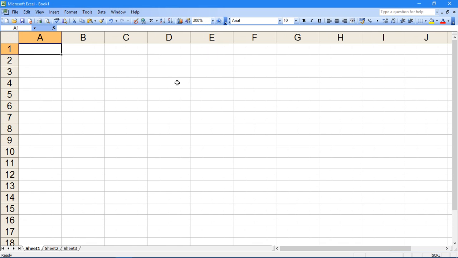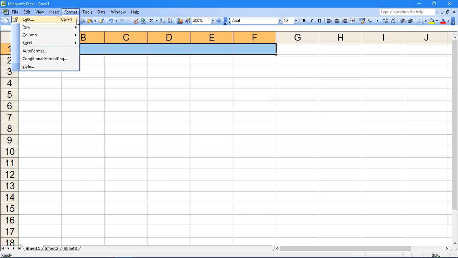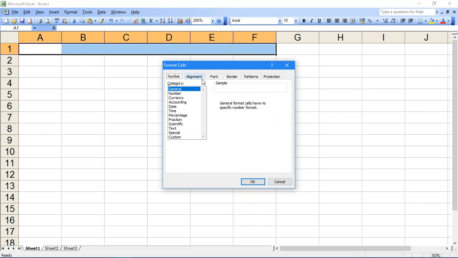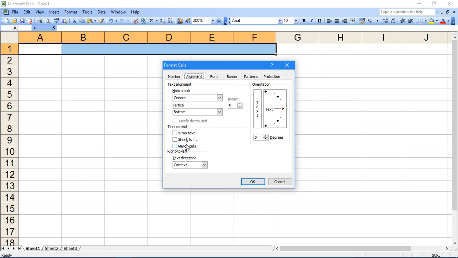Now suppose I'm writing some values. First of all, I am merging it from here. I am merging it. Okay.